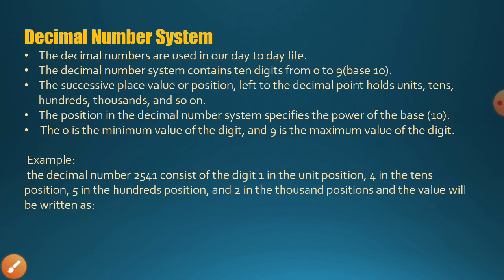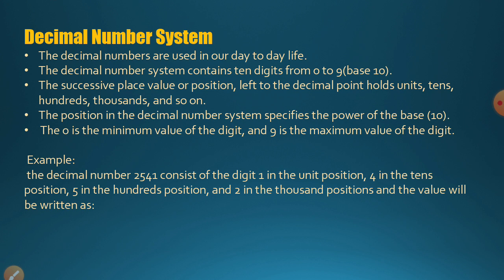Now it is the decimal number. The number system that has 10 digits 0 1 2 3 4 5 6 7 8 9, 0 to 9, and its base is 10. In this number system, the maximum value of a digit is 9 and the minimum value of a digit is 0.